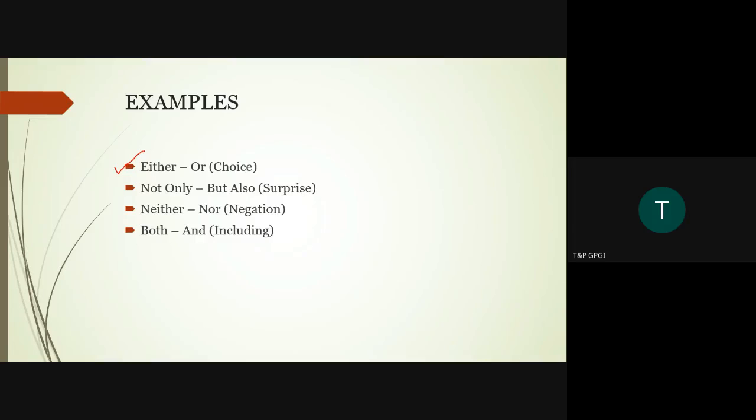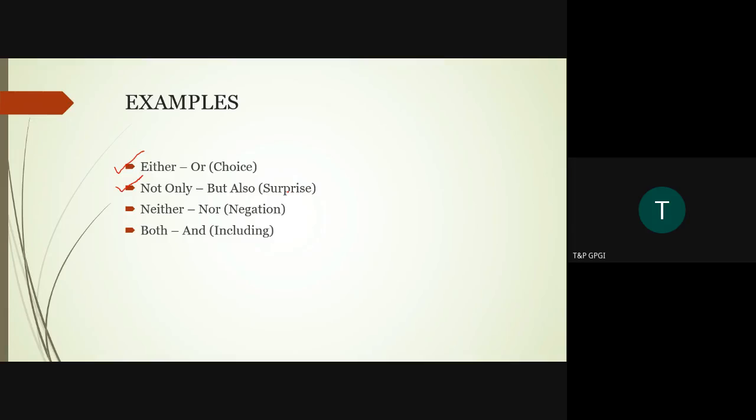The second one is not only, but also. It kind of goes with surprise. I'll give you an example: not only was she happy, but she also got married. Not only she was happy means there was a surprise, because she was happy with that surprise.